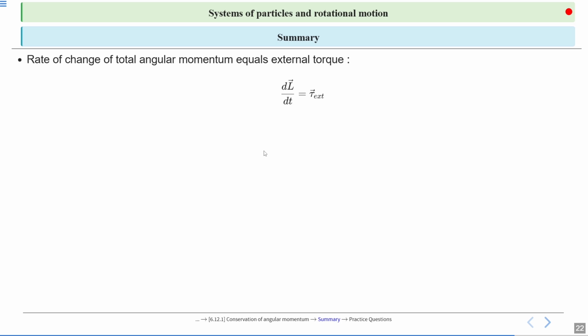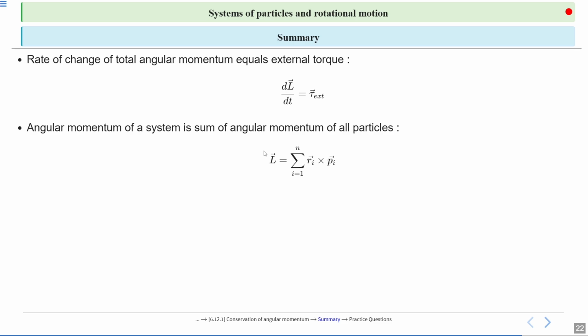Now the summary. The rate of change of total angular momentum equals external torque. So dL upon dt is equal to tau external. Angular momentum of a system is the sum of angular momentum of all particles, so L is equal to summation i equal to 1 to n of ri cross pi.